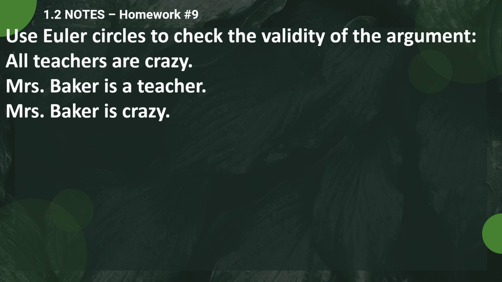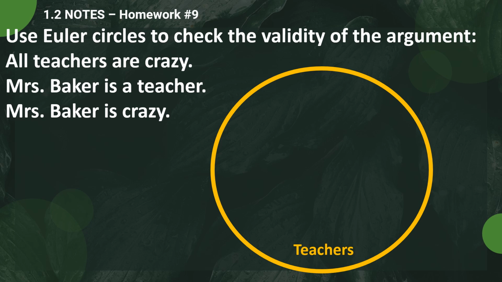The first circle we're going to do is our teachers circle. Here is our circle with all of our teachers. All of our teachers fit in this circle, and according to this, all teachers are crazy. So all teachers are inside of this circle, and therefore they're crazy. Now it says Miss Baker is a teacher. If Miss Baker is a teacher, does she live inside of the circle or outside of the circle? If she's a teacher, then Miss Baker has to live inside of the circle.